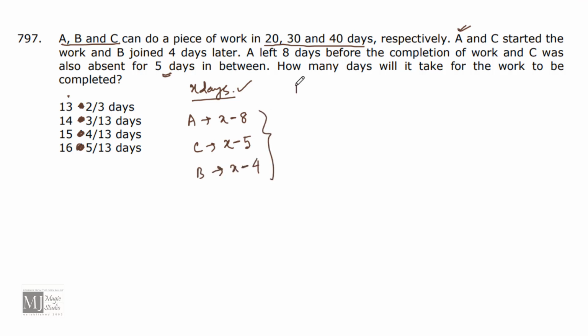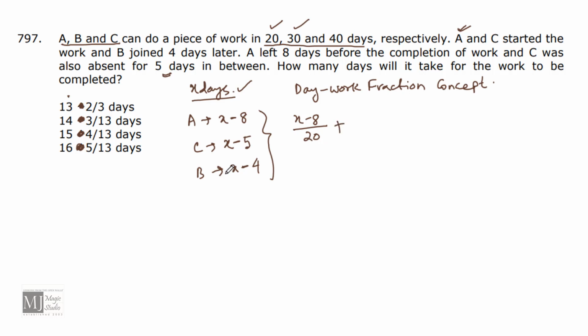Now if we use the day work fraction concept, what will we get? A can complete the work in 20 days. That means in X minus 8 days, work done by A is X minus 8 by 20. B completes it in 30 days.